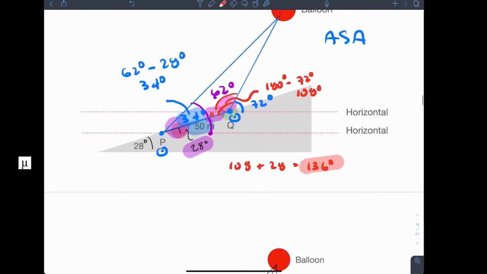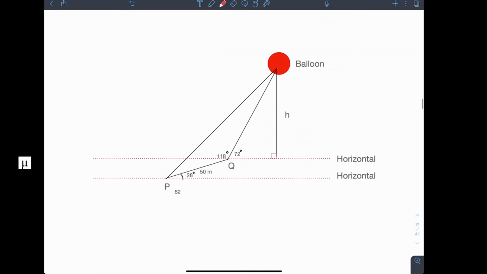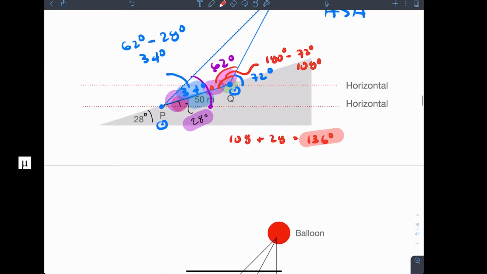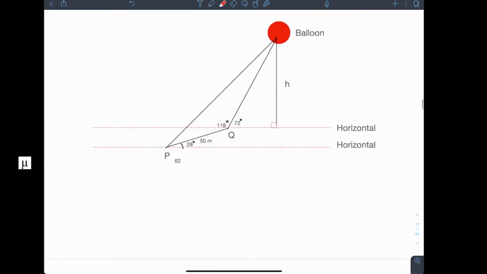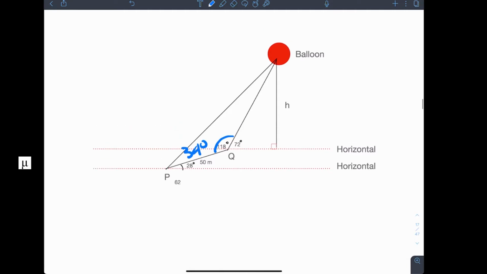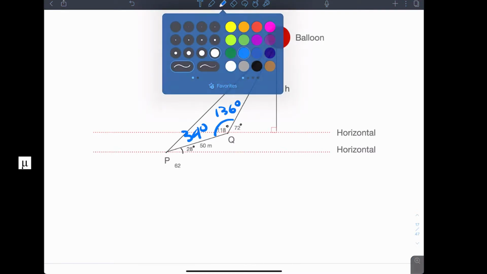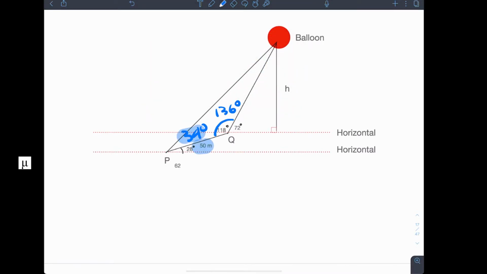So we got 34 degrees, 136 degrees. 34, we're going to put it right in here. And this is accurate, but we need this whole angle. And we found that whole angle to be 136. So again, we have angle, side, angle for that triangle to the balloon.